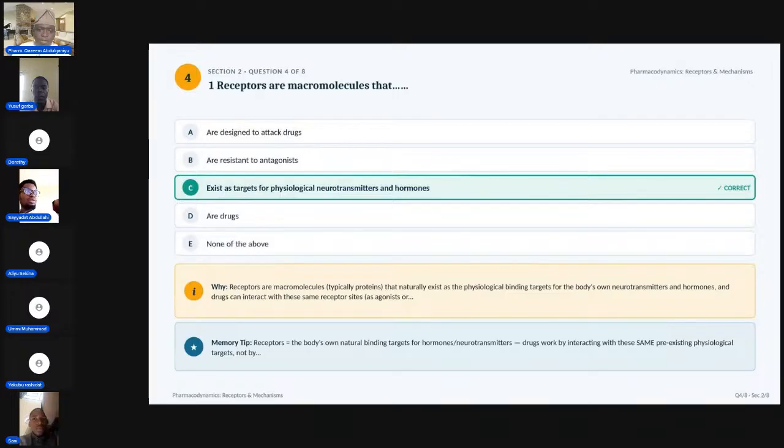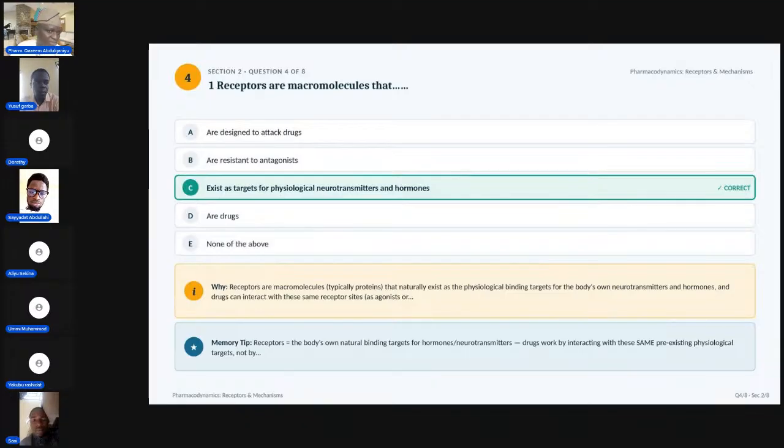Okay. So the next question says: receptors are macromolecules that exist as targets for physiological neurotransmitters and hormones? This question I'm not sure, it's not clear. Okay. Receptors are macromolecules. Ignore the one there. Receptors are macromolecules that are designed to attack drugs?